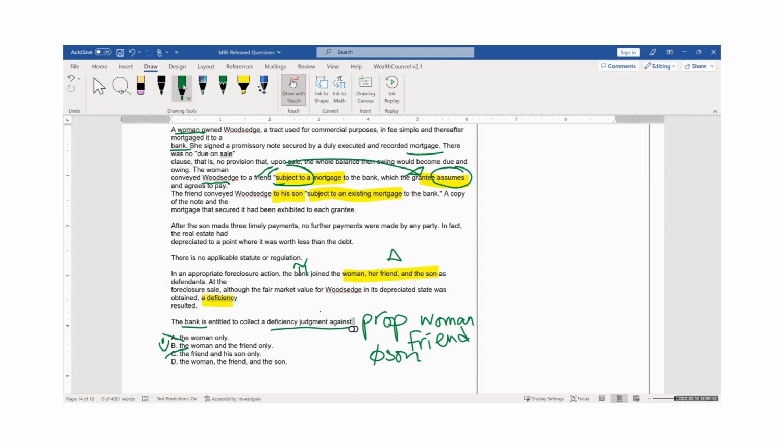But you will have to for answer choice D, which has the woman and the friend. Now you have to decide whether or not the son is also responsible for the deficiency. And as we mentioned, since the son took subject to the existing mortgage, then the son should not be responsible for the deficiency. So the answer choice should be B.